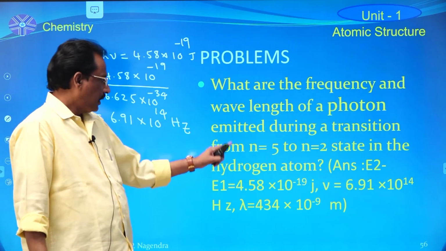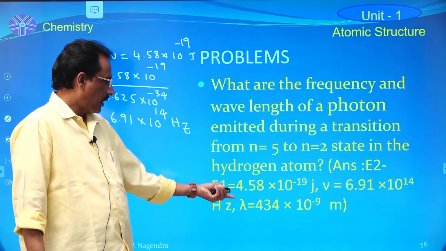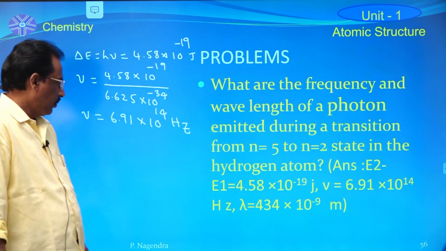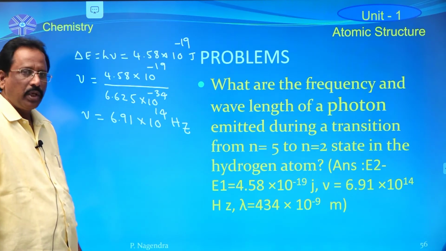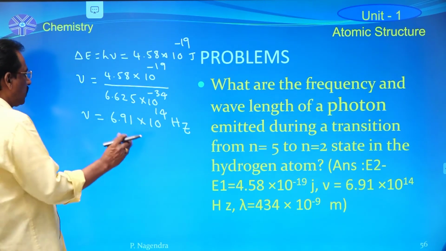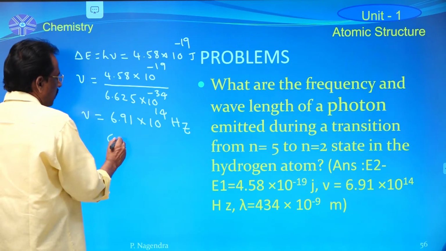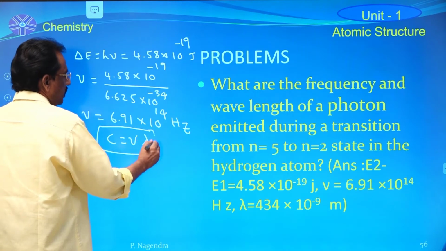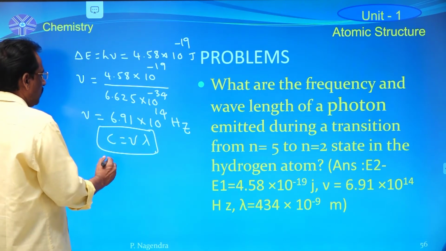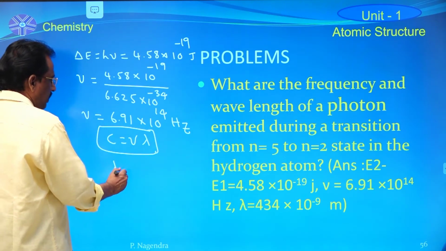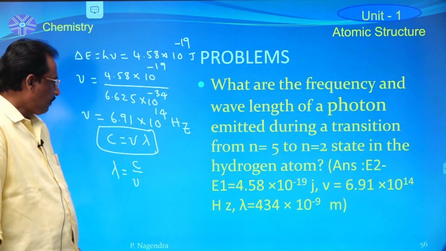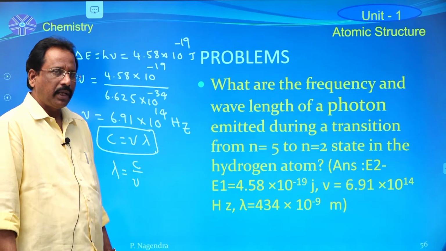After the calculation of frequency, it is possible to calculate its wavelength. It is already known to you: C is equal to nu into lambda. Therefore, lambda is equal to C by nu.